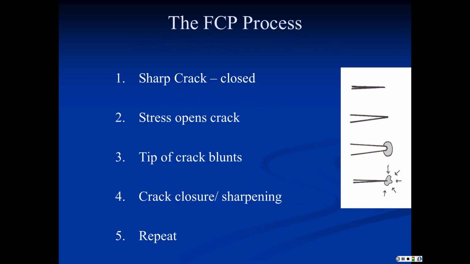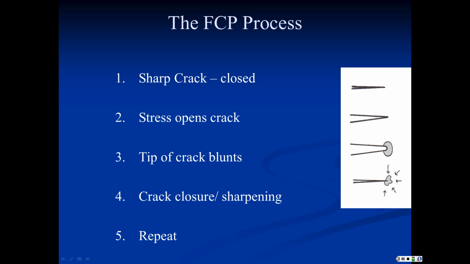But to look at another way we might approach this, let's talk about how cracks propagate. So we start in fatigue crack propagation. You have a closed crack. As a stress is applied, the crack opens. As the stress continues to rise, eventually the stresses right here at the tip exceed the yield strength and we begin to get plastic deformation.